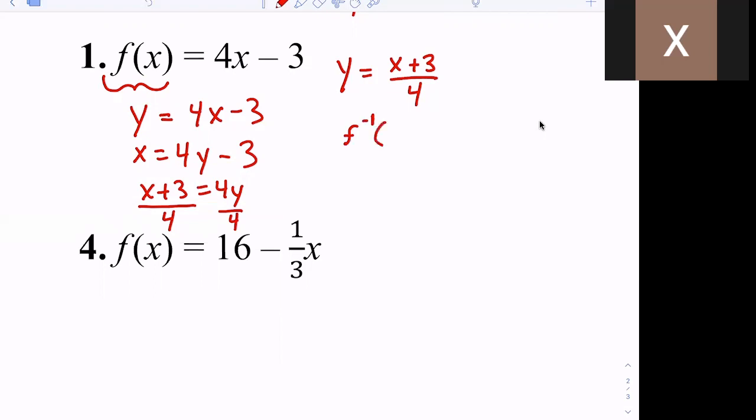All right, so we're going to say f -1 of x is equal to x plus 3 over 4. That is the symbol for inverse. I think sometimes when people look at math, they think it's complicated. F -1 of x, what in the world does that mean? That just means that is the inverse of the original function.